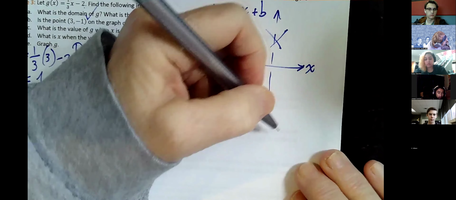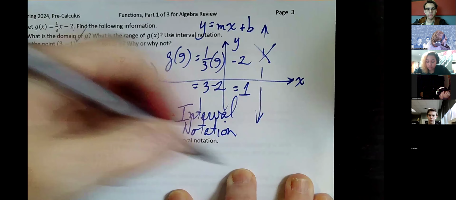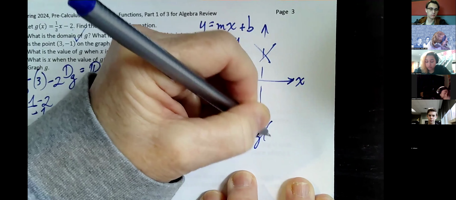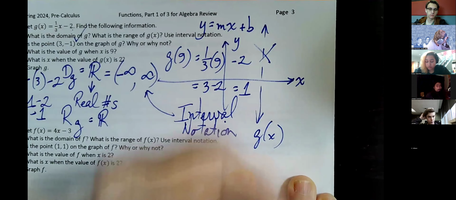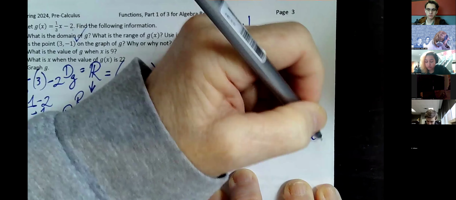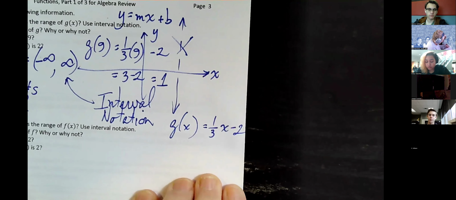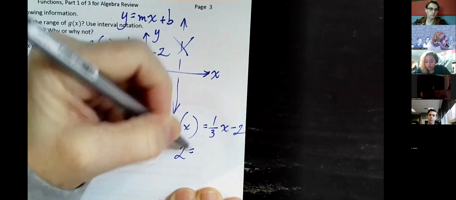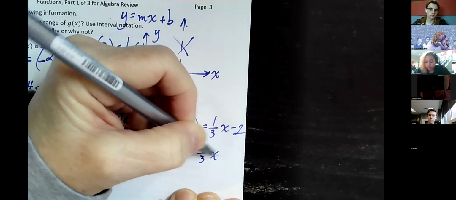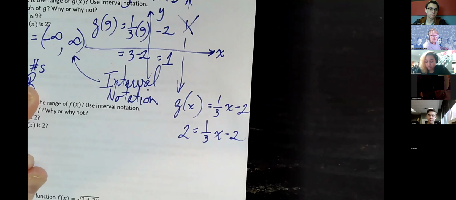The way that we can do this is we've got g of x is equal to 1/3 x minus 2. And I'm going to replace the g of x with 2. And now I want to solve for x. So remind me how to do this.